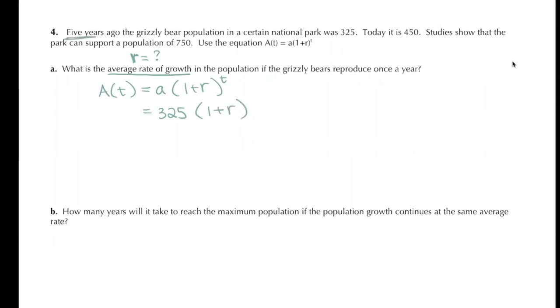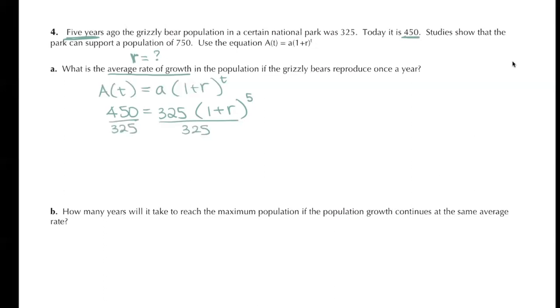It says it took 5 years to get to a population of 450. So it took 5 years, that's T, to get to a population of 450. All right, so now I can just solve for R. R is the only variable. So I'm going to divide by 325.